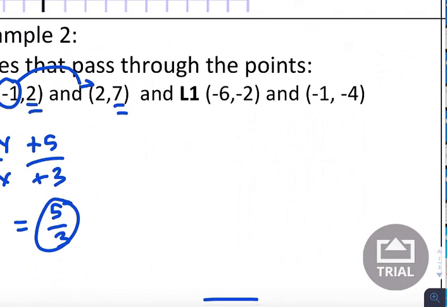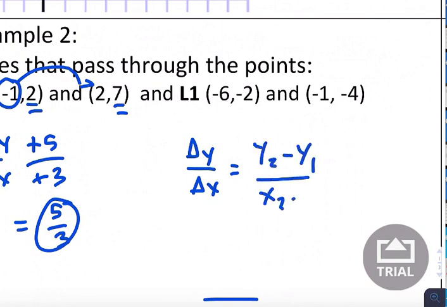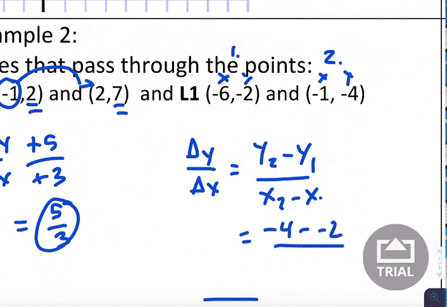Compared to this one over here, change in y over change in x. And again, let's do y2 minus y1 over x2 minus x1 just to get some practice in here. So let's designate this the first point, that's the second point, and again, x, y, x, y. Okay, so second point, y is negative 4, subtract negative 2, and then we have negative 1, subtract negative 6.